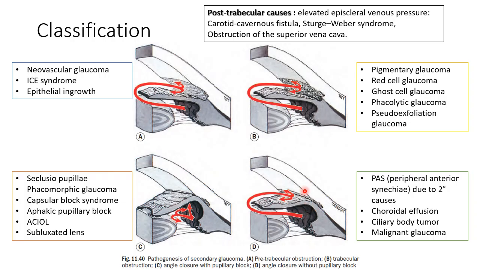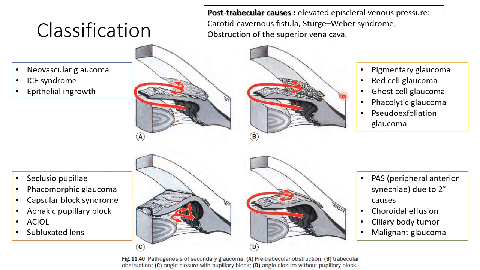So angle closure, right? And then there are etiologies beyond the trabecular meshwork, and those include the post-trabecular causes. So you know that the trabecular meshwork ultimately drains via the Schlemm's canal into the episcleral aqueous veins, episcleral veins, and so on. So if there's some problem in this region, then there is back pressure, right?